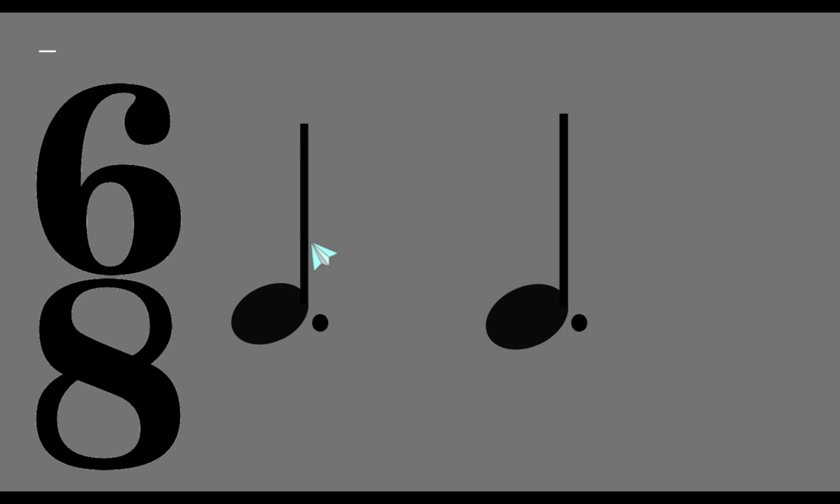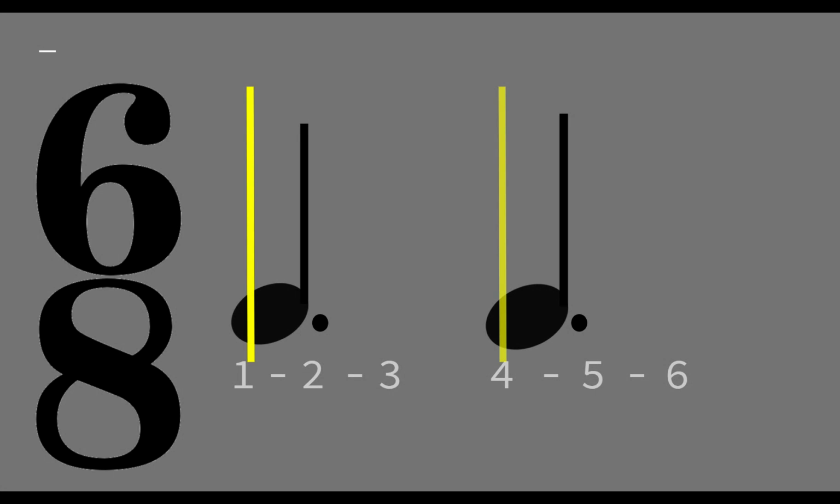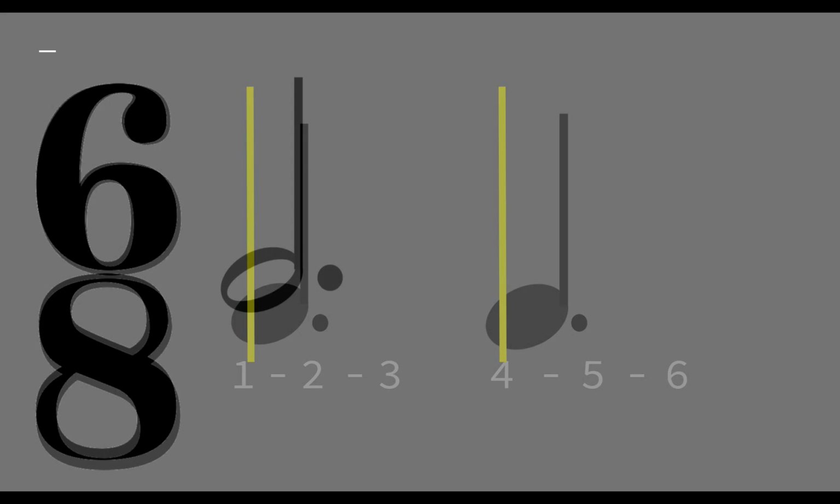So if you're unsure of how many eighth notes are in this dotted quarter, you just do some simple math. Divide 6 by our 2 groups because we have 2 dotted quarters. And we would get 3 counts each, 3 eighth notes. 1, 2, 3, 4, 5, 6. Big beat, big beat. These are our long notes.